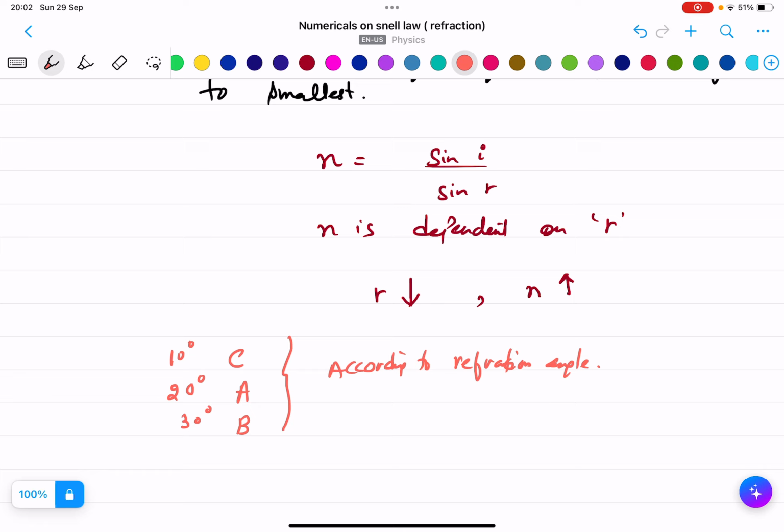So I said R is less, then N will be higher. Wherever R is less, so 10, N will be highest, and then N will be less high and N will be the lowest. You understand this? Because these both are inversely proportional to each other. And this is the refractive index, and this is N.